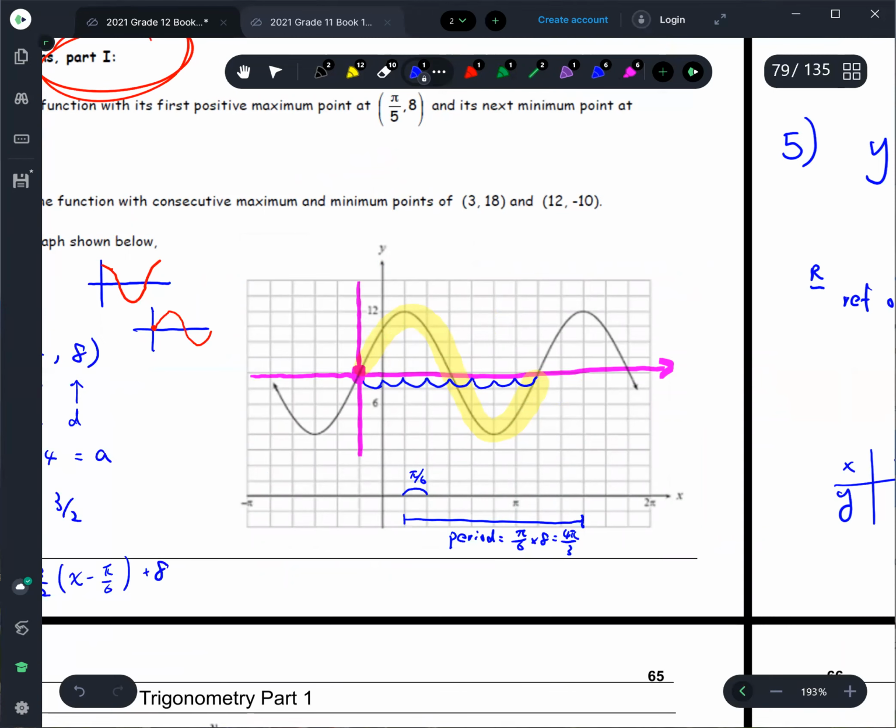That's why it's 8. It takes 8 boxes to complete one cycle, to complete the whole picture. And each box is pi over 6. So that's why you times it by 8. Okay. Thank you.